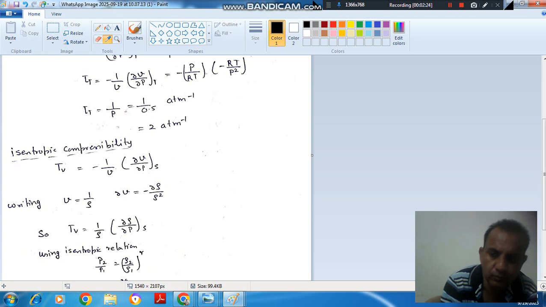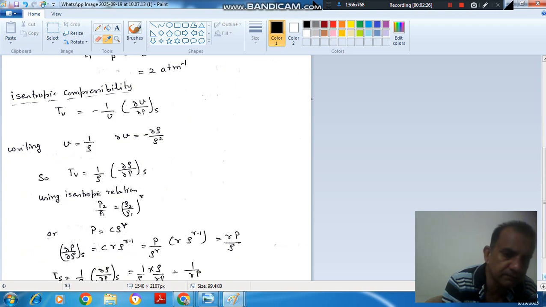Now using the isentropic relation, because it is an isentropic process: P2 by P1 is (rho 2 by rho 1) to the power gamma, or we can say in an isentropic process P is equal to C rho to the power gamma, where C is a constant.